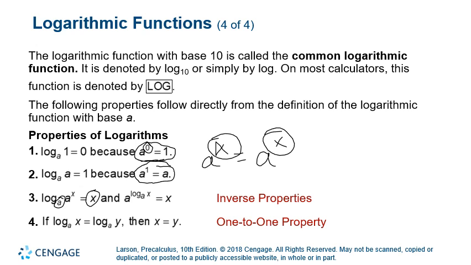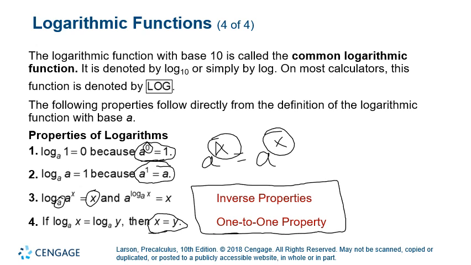And when I have log base a of x equal to log base a of y, that means that the x is equal to the y. And this is really our true first introduction to inverse properties and one-to-one properties, where in the inverse property, the log and the exponent with the same base essentially cancel each other out because they are inverses.